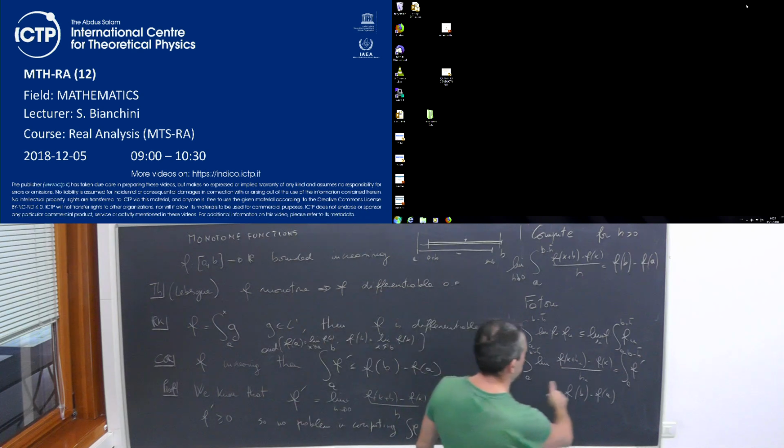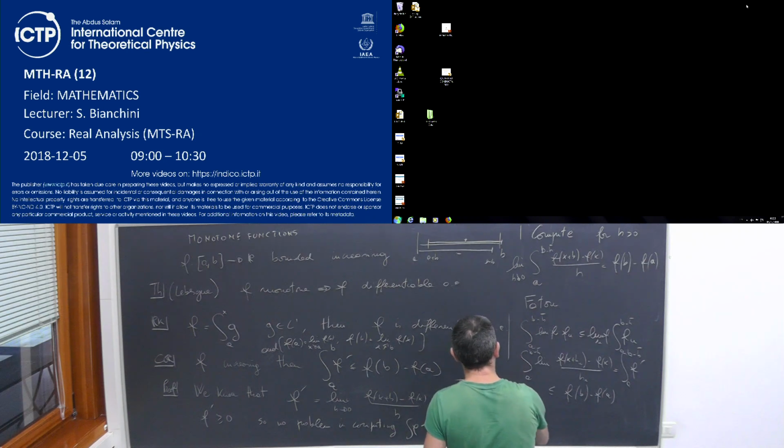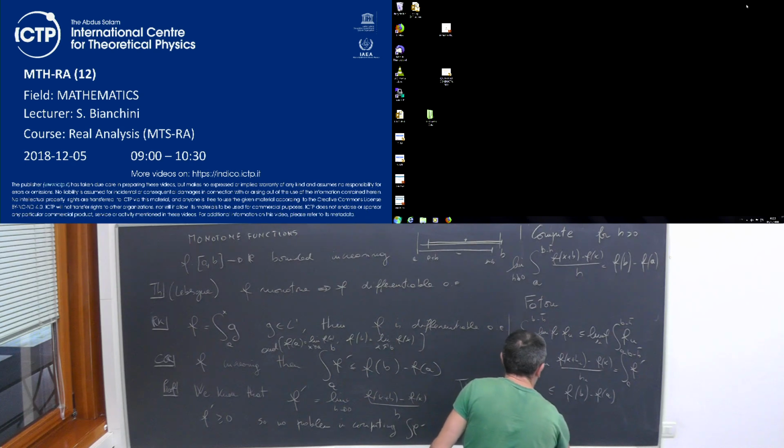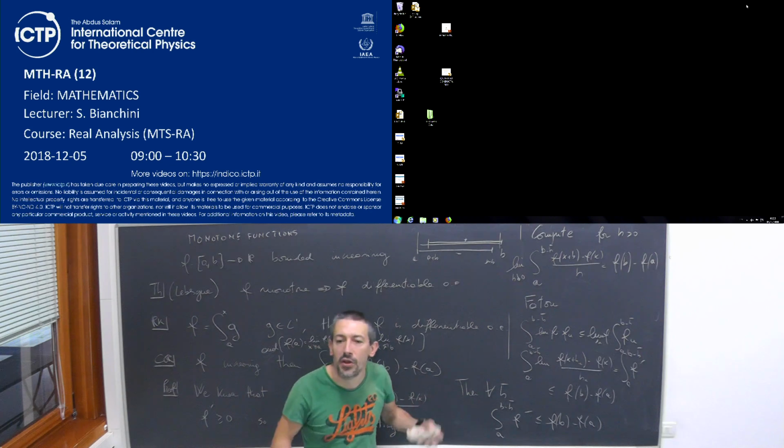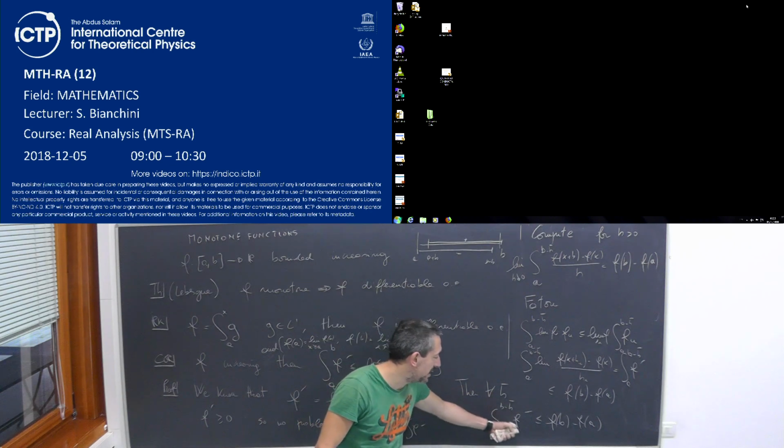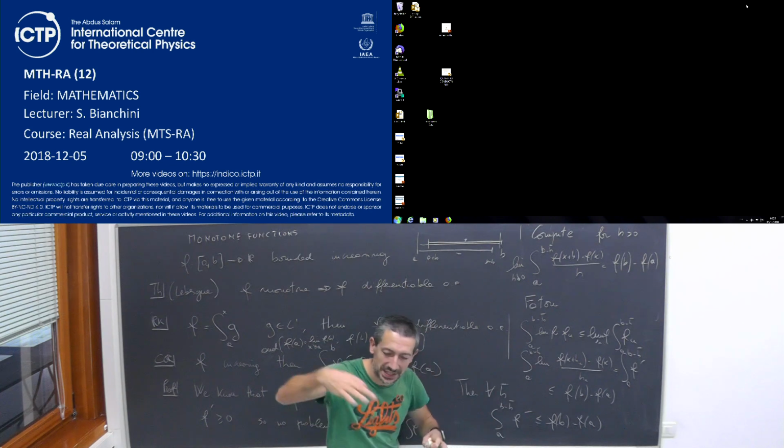And then I have that for each h bar, the integral from a to b minus h bar of f prime is less or equal than f of b minus f of a. Now I can use whatever you want. Monotone, when h bar converges, the function converges to the integral.